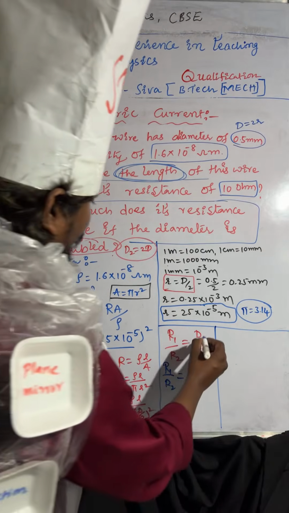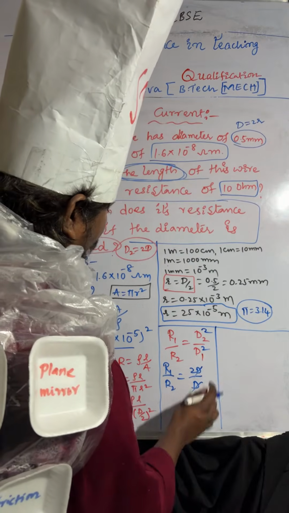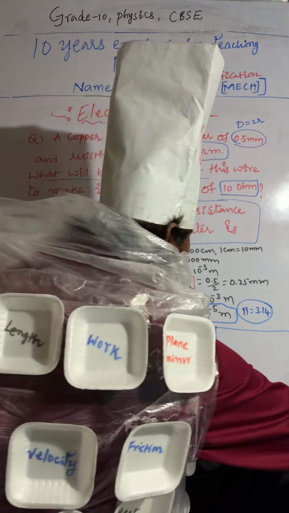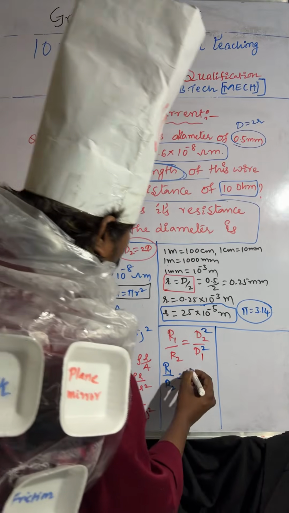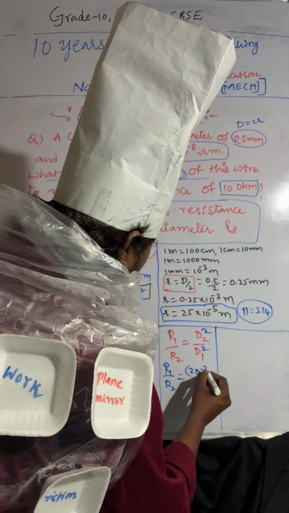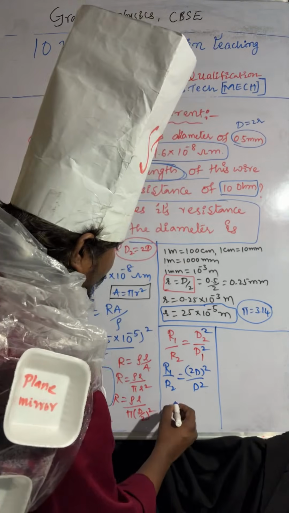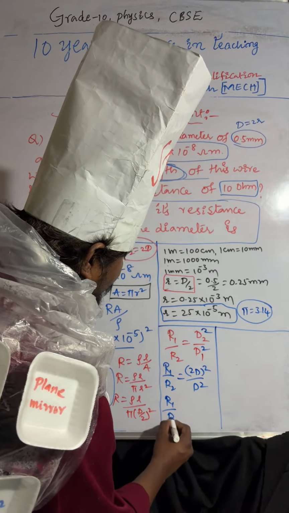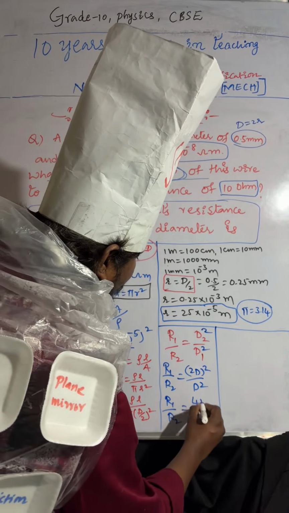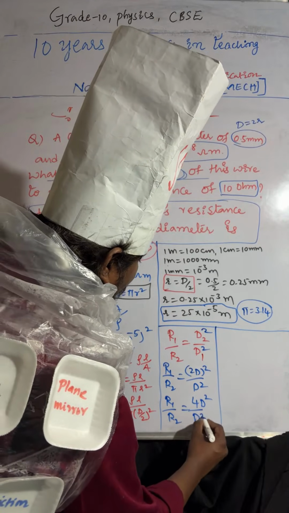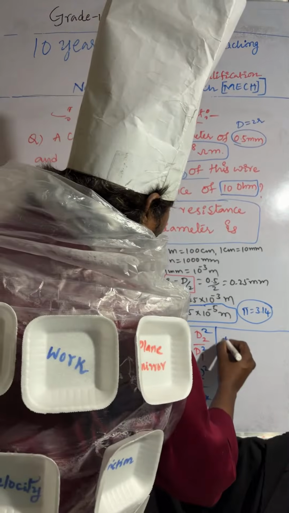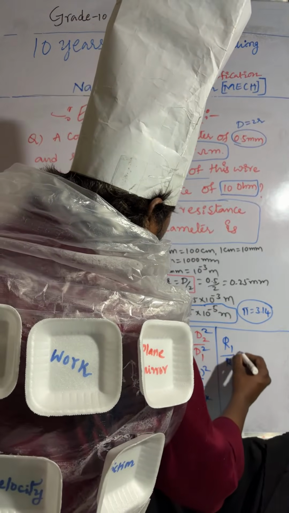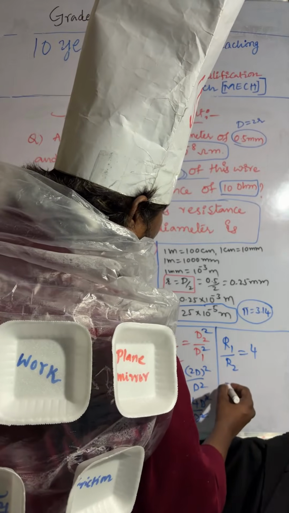So 4D square by D square, D square gets cancelled. R1 by R2 equal to 4.